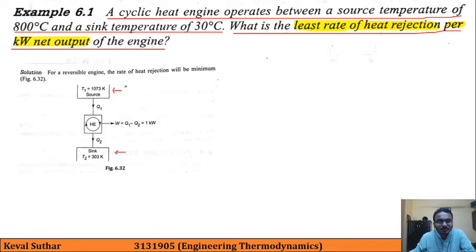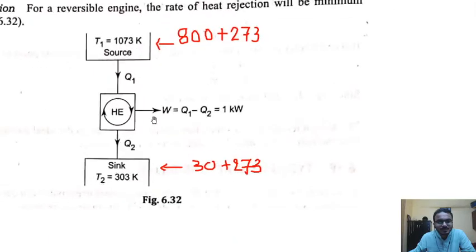That is 800 plus 273, and 30 plus 273. That's why the temperatures are like this.